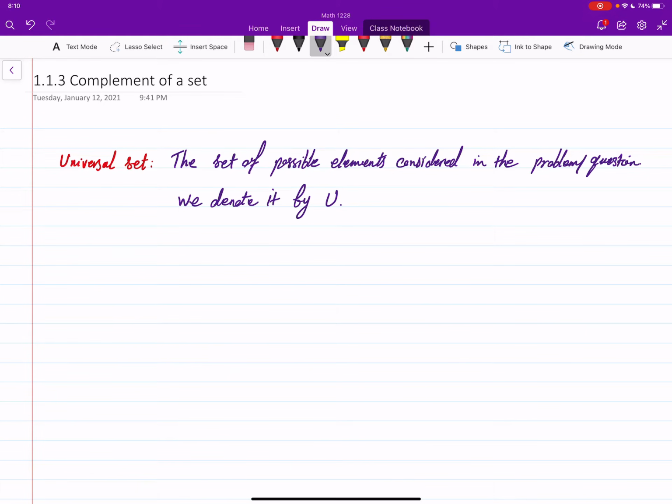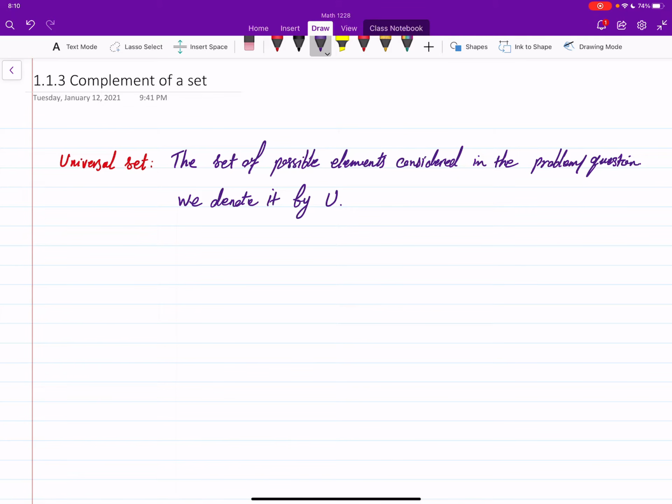Well, examples of that. If you're working with an example which only has some integer numbers, then you can take the universal set to be the whole set of integer numbers. Or if you're working with an example in which the sets have English letters, the set of all alphabet is the universal set.